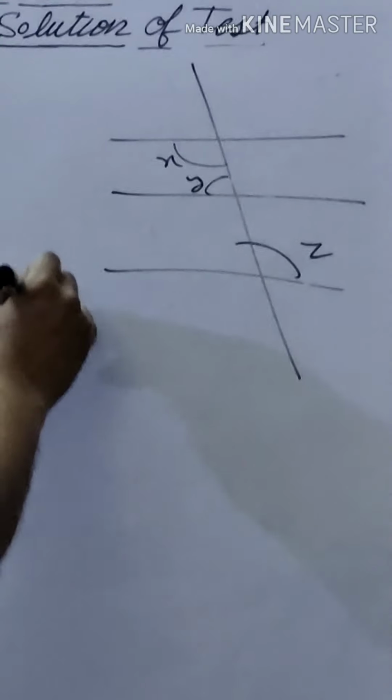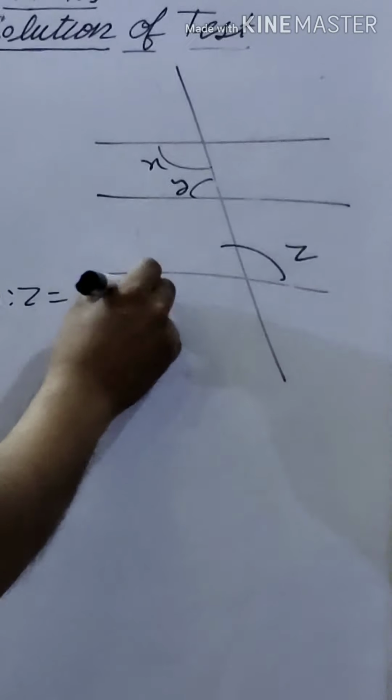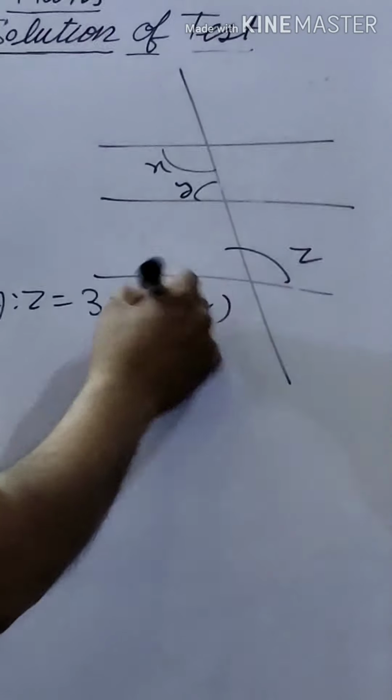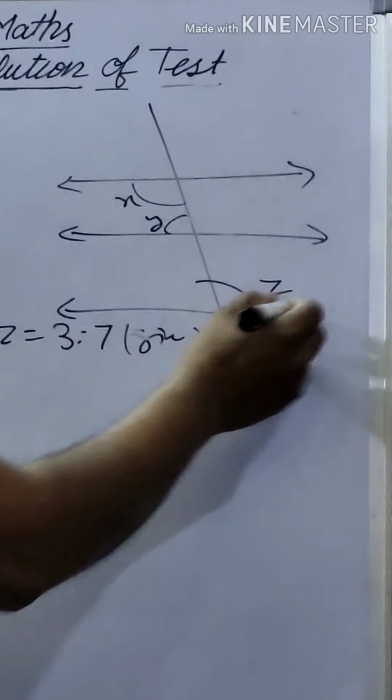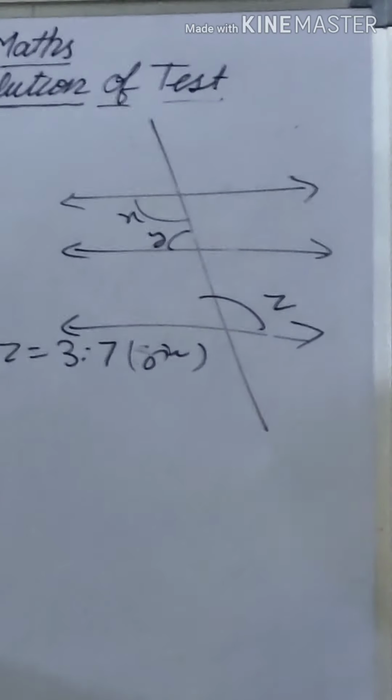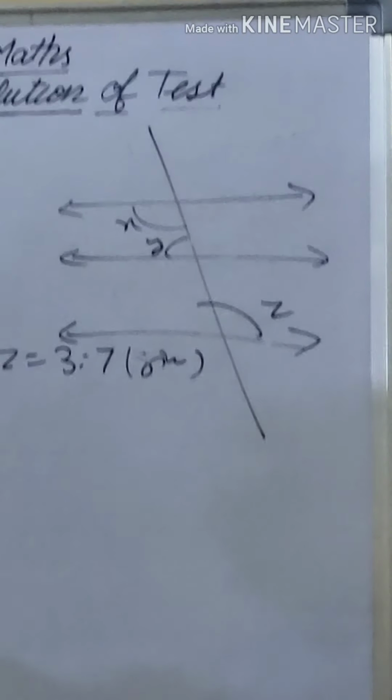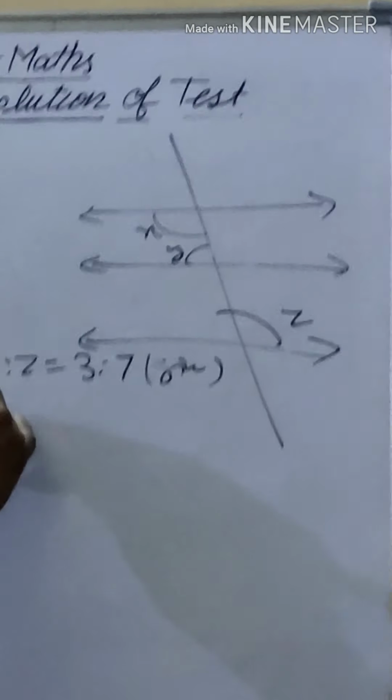It was also from NCERT, so y to z is equal to 3:7 given. Clear this? We have done this question in NCERT.